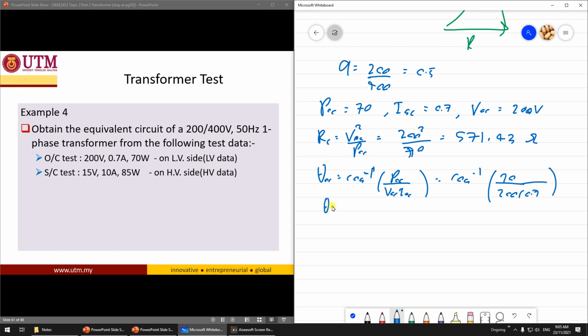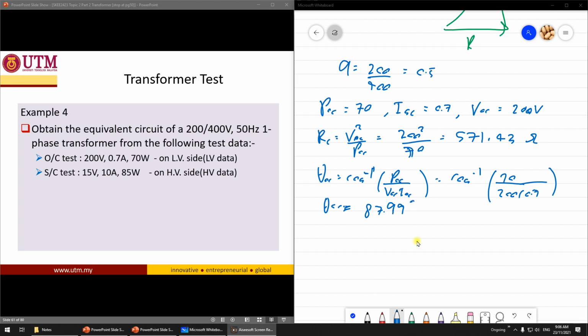Okay, theta OC is equal to 87.99 degree. Okay, let me check first. Okay, so this is wrong, so 60 degree. Okay, so make sure you check your answer.